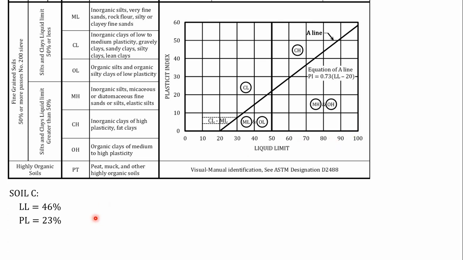First, let's get the plasticity index so we can find the intersection. The plasticity index, PI, is equal to 46 minus 23, and this is equal to 23%. So, class, let's graph it. The plasticity index is between 20 and 30, so this is 25, and 23 is possible here.